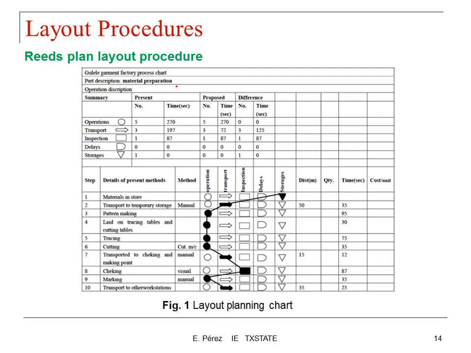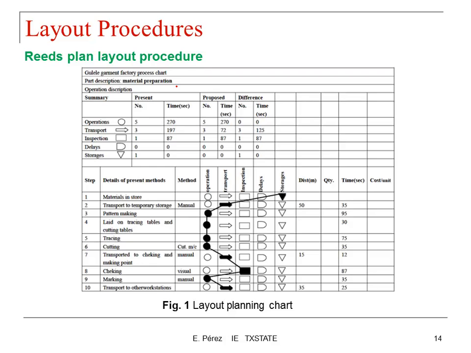So here's an example. You might see this chart in one of your courses, in production planning, but if not, this is a layout planning chart in which you have the details in terms of the methods for that particular product.